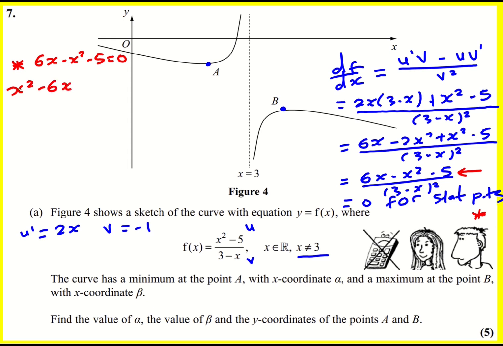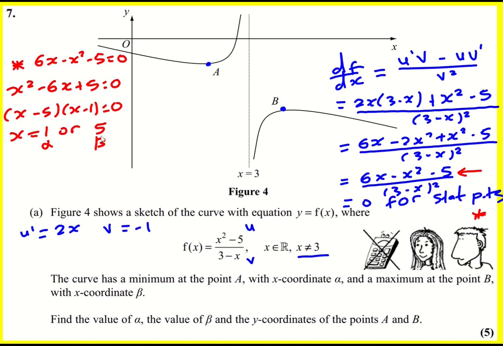It's always easier to make the x squared term positive. And we're going to factorize. So minus 5 and minus 1. x equals 1 or 5. So the 1 is going to refer to alpha, because that's smaller, and the 5 is going to be beta.